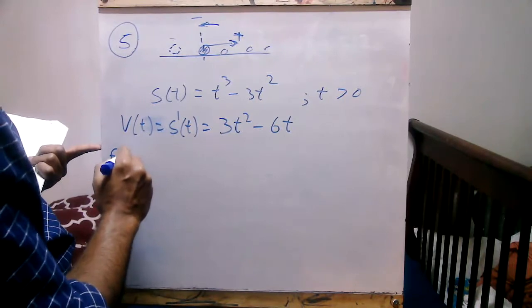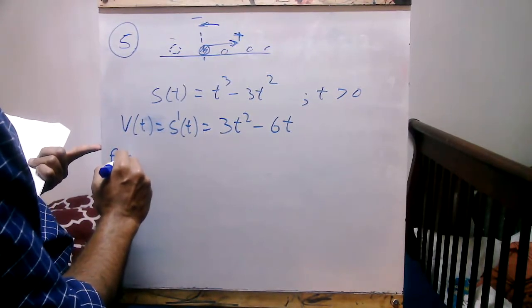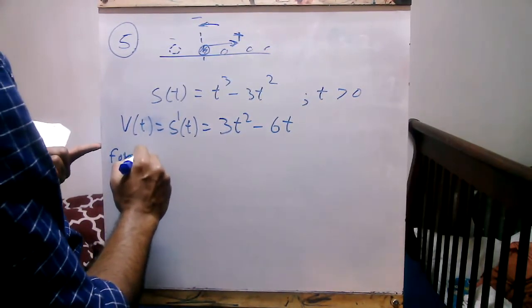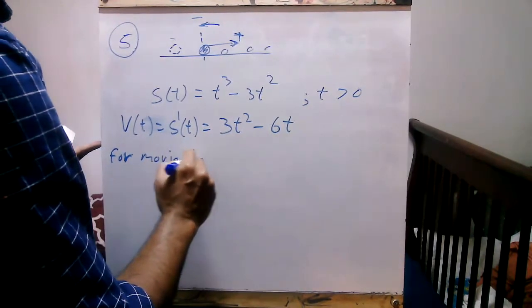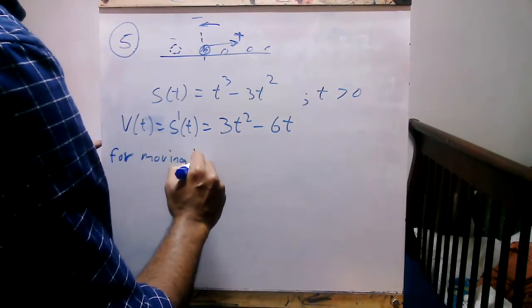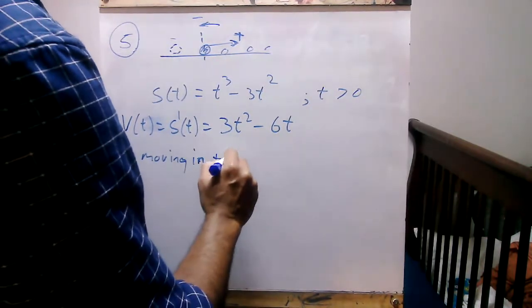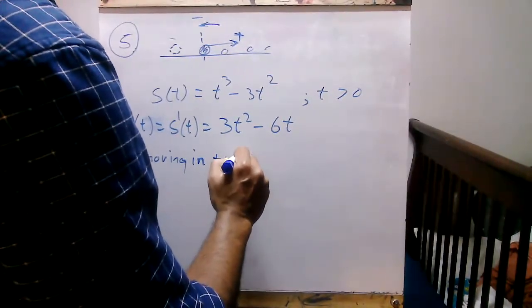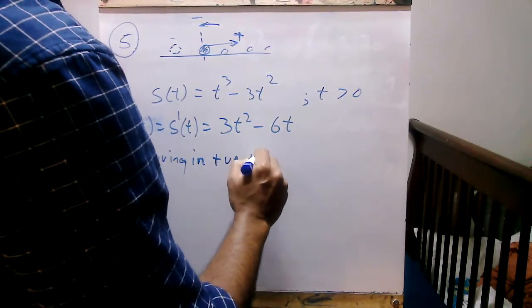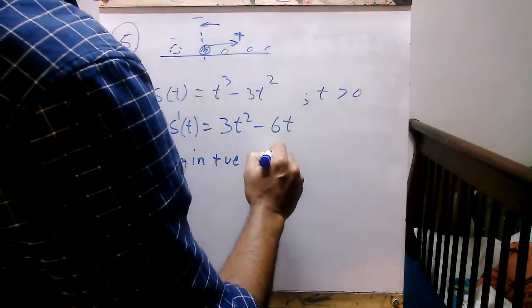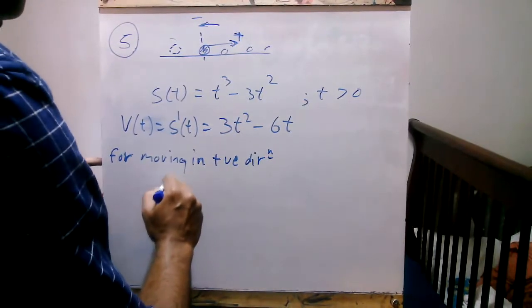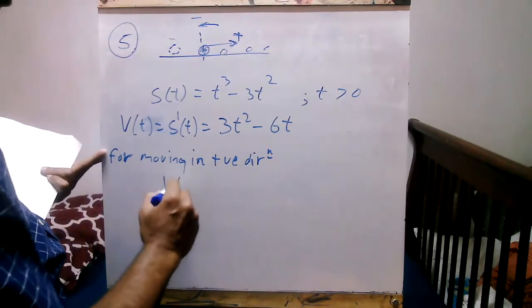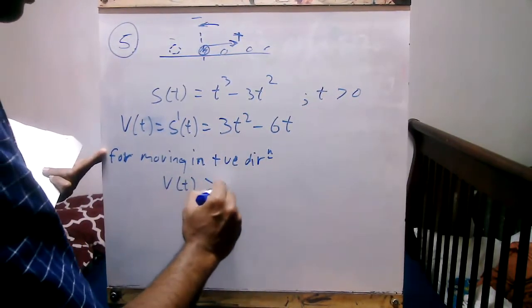So moving in positive direction, its velocity function should be greater than 0.